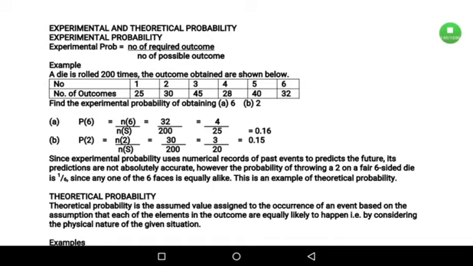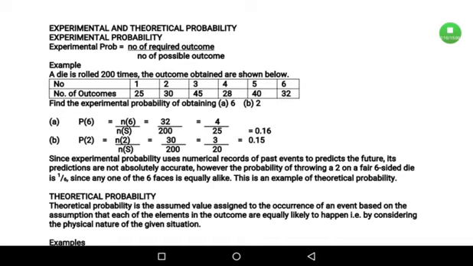And the sample space is 200. It's in the question: a die is rolled 200 times. How many times did we roll? 200. That is the sample space. So we say 32 over 200, that is E over S. As I said, probability must be expressed in the lowest terms. So you have 4 over 25, or you leave it in decimal form, which is 0.16.